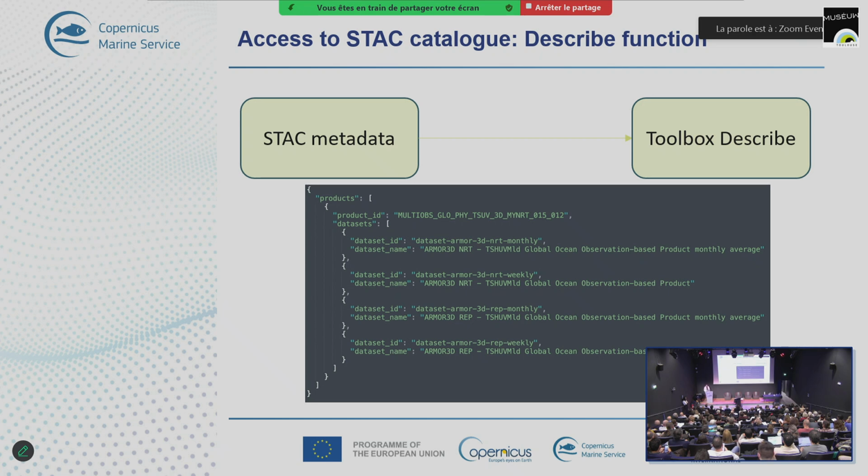It can also be used to have some more information about how the toolbox is organized, the versions, the parts, and everything. There's also the fourth function that is the login, but basically it's used in the subset and the get, and it's used with your Copernicus Marine credentials to log in to use the toolbox and to access the data.